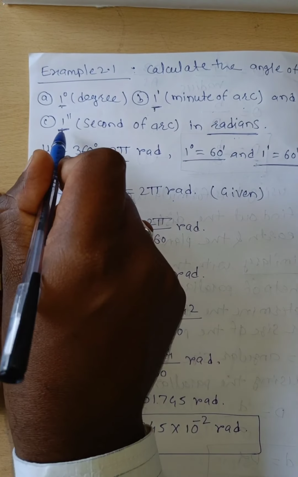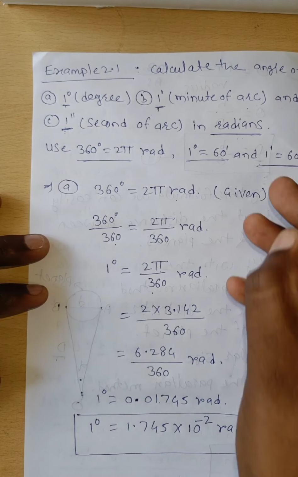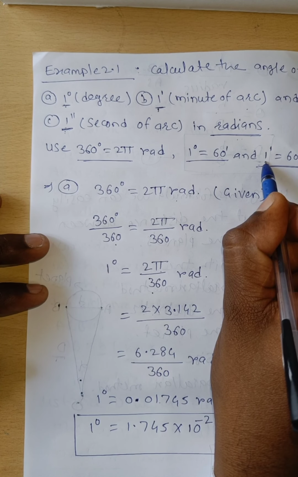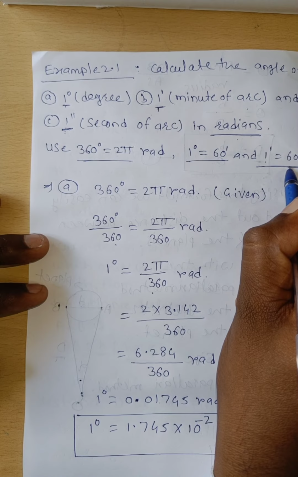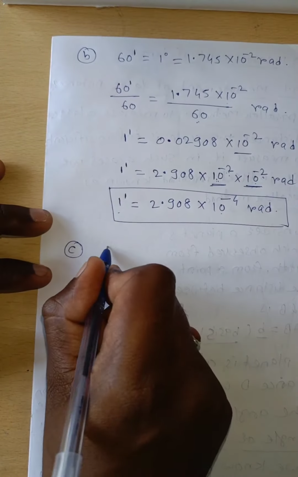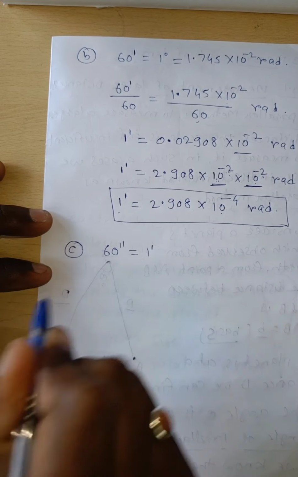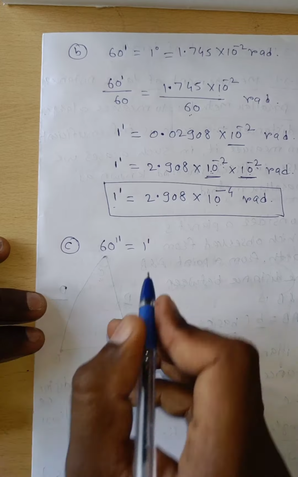Now third, what we have to find out? We have to find out the 1 second value in terms of radian. Then you know that 1 minute is equal to 60 seconds, means 60 seconds is equal to 1 minute.